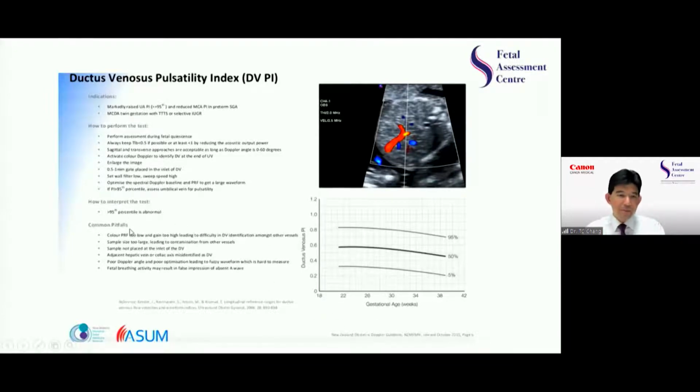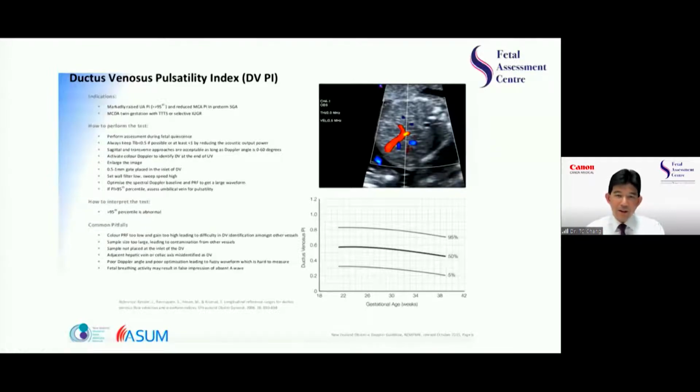We do have many images sent to us where the pitfalls are quite obvious. Sometimes the gain is too high or the color flow is too low, and you have difficulty identifying the ductus amongst the other vessels that are nearby. Sometimes the gate is too large and it's not helpful when it's like that, or you put the sample at the wrong place, not at the inlet of the ductus venosus, like shown in this particular picture here.